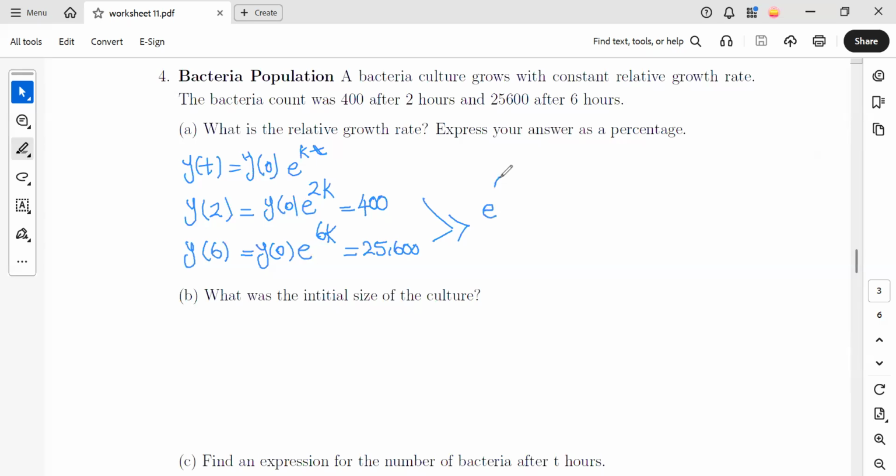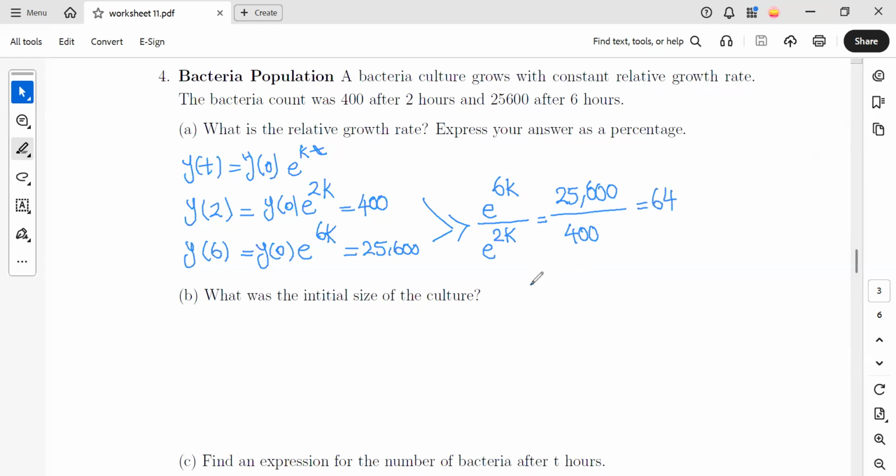So it's easier to put the bigger power on top and the smaller one on the bottom. If we do so, we're going to divide 25,600 by 400. This will be 64.